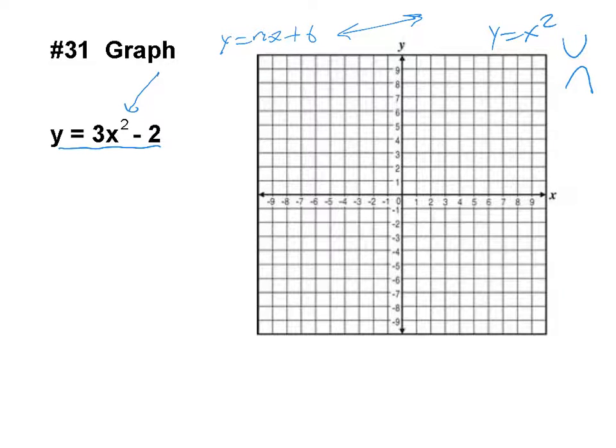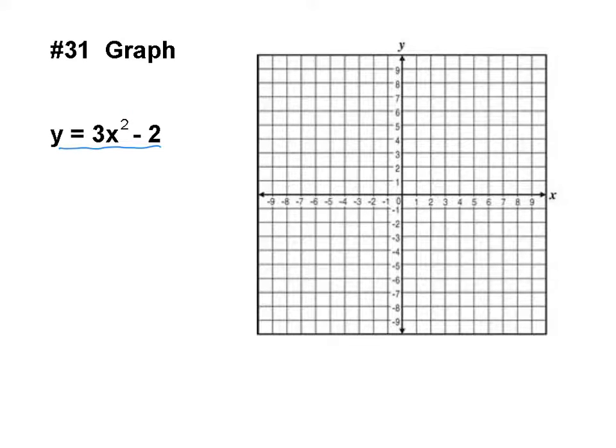Okay, we had something to the third power. That was on Monday. And those gave us those funky graphs that kind of make an S curve, right? Okay, and then we had our exponential graphs where the variable was the x that went straight up in a J shape, right? So this is one that's going to make a parabola, a V shape, because it has something squared, right? It's a quadratic equation.